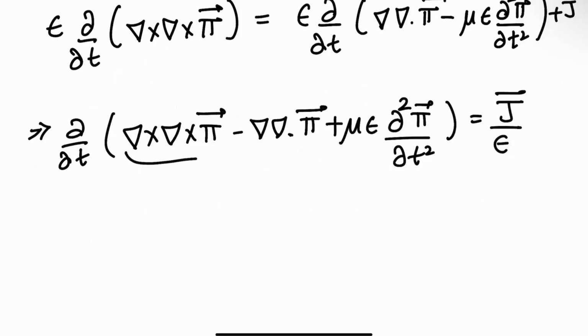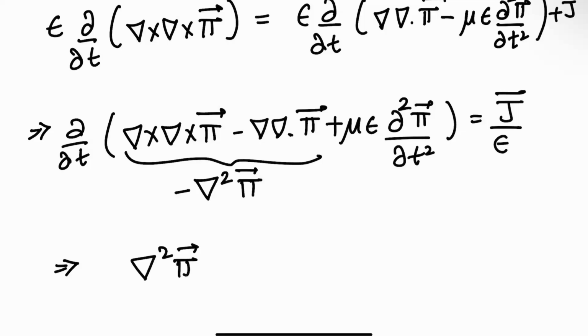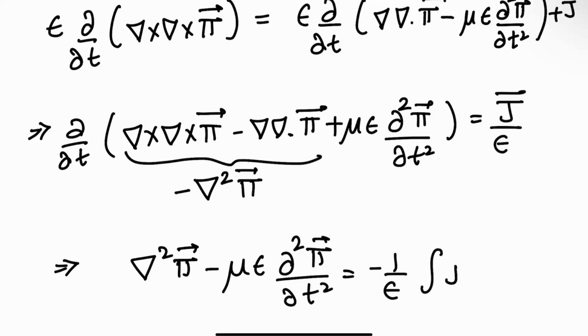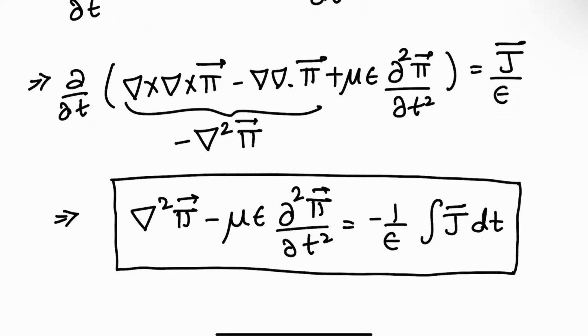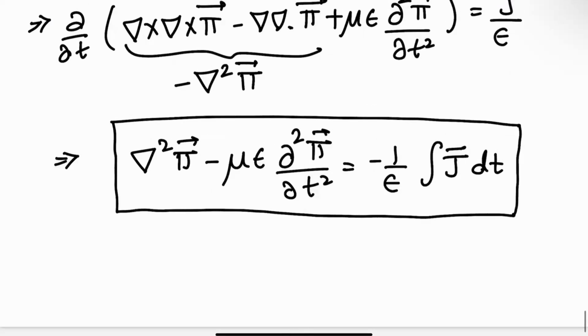Okay, and we know that this is nothing but minus the vector Laplacian of pi from a vector identity, which means that we have Laplacian of pi minus mu epsilon d squared pi over dt squared is equal to minus 1 over epsilon integral of J dt. And that's the equation that pi satisfies. So that's also a wave equation, of course.